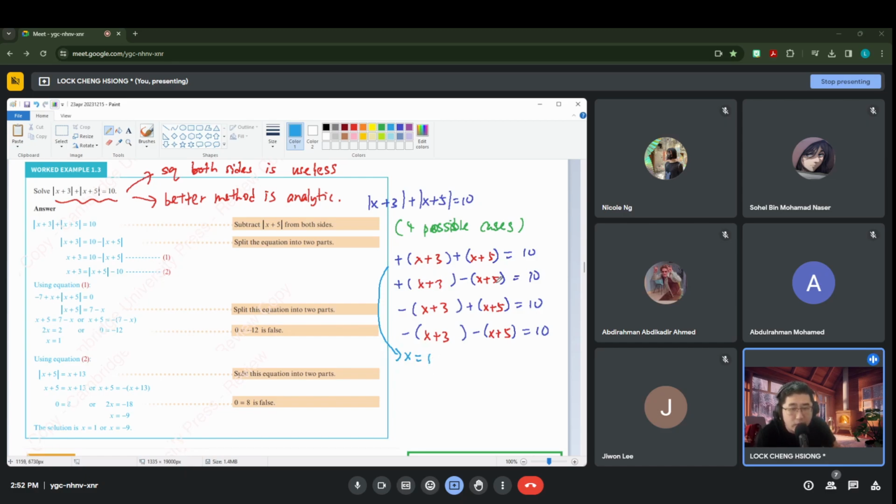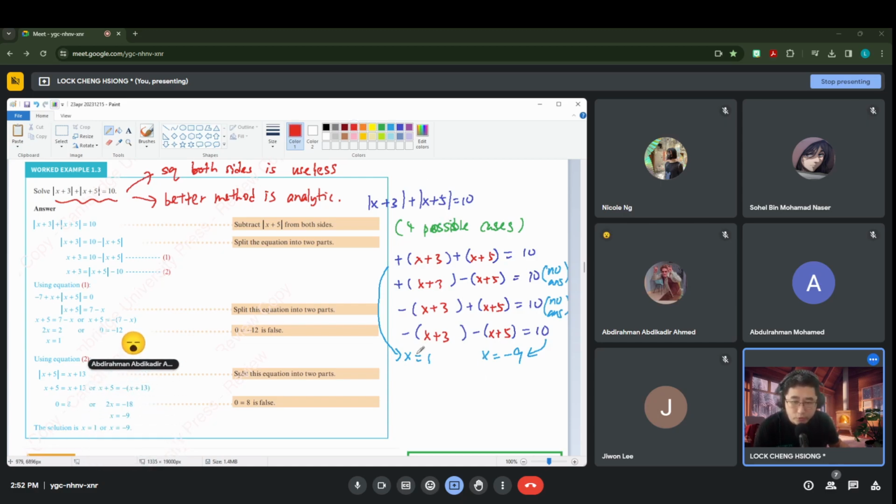Then this one, x minus x is gone, no solution. This one, minus x plus x also gone, no solution. And this one, minus x plus x minus 8, so x equals negative 9.